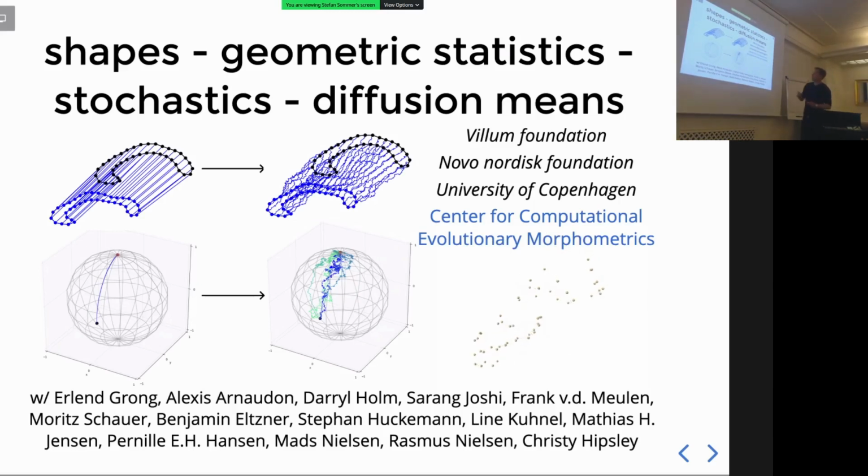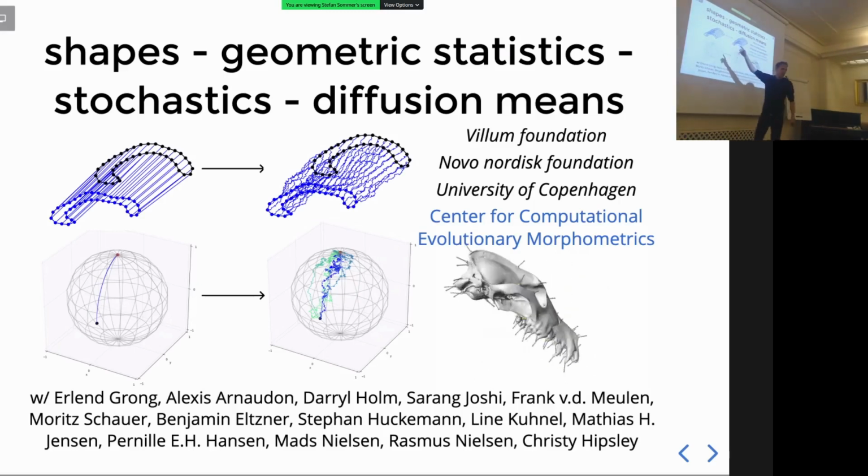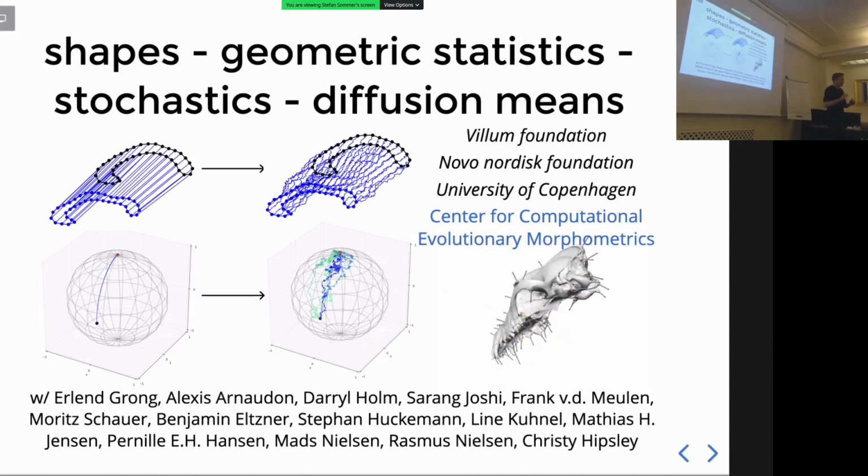Okay, but as I said, I want to start by motivating that, and that motivation comes, for me at least, from shape analysis. Shape analysis is one case of geometric statistics, with each shape being one observation in a high-dimensional shape space.